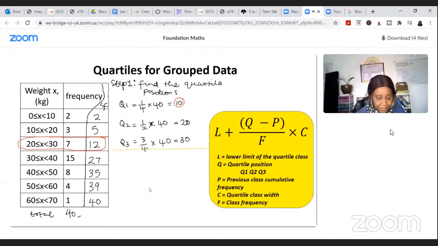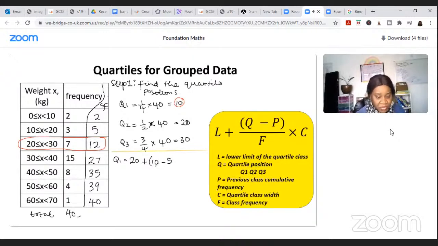So Q1 would be equal to L. L is the lower limit of the quartile class, which is 20, plus Q, the quartile position, which is 10 for Q1, minus P, the previous class cumulative frequency, which is 5.